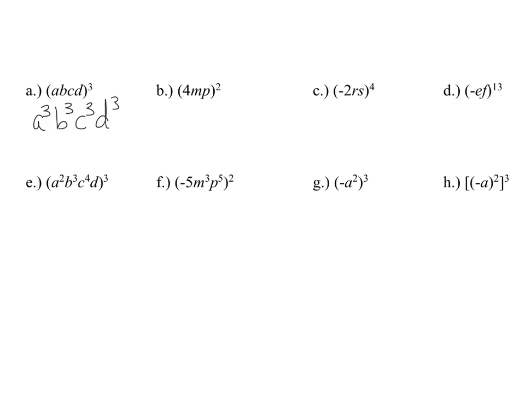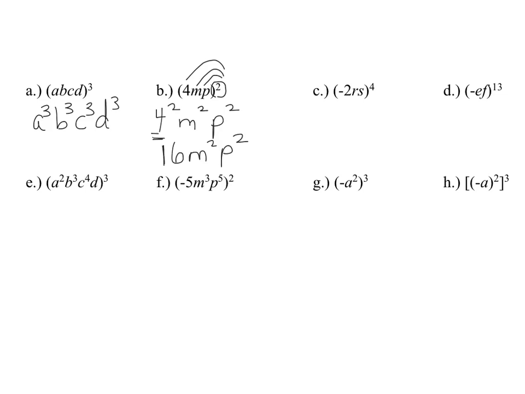And that's my final answer. For this next one, you take the outside 2, you bring it in, and you end up getting 4 squared m squared p squared, but we have to finish it by doing 4 squared. 4 squared is 16. So the final answer would be 16 m squared p squared.